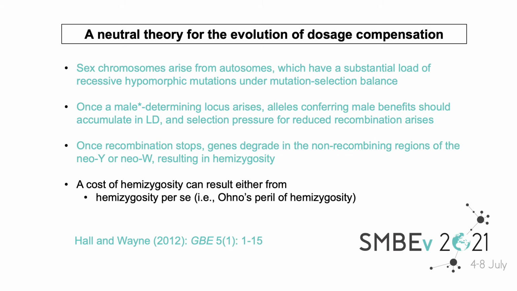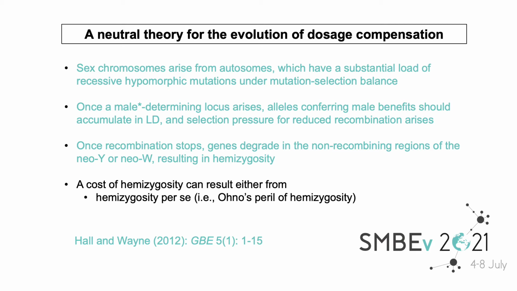Now, a cost of hemizygosity can either result from hemizygosity per se, as expressed in Ohno's peril of hemizygosity. That is to say that genes should be expressed in an equilibrium between sex chromosomes and autosomes, such that genes on a male chromosome should be expressed at the same rate as genes on a female X or autosomes of males.